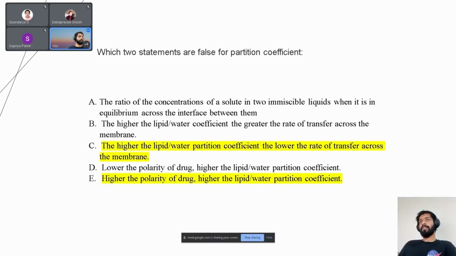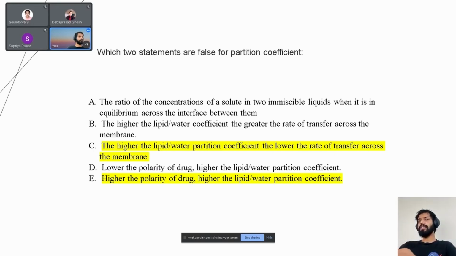So the statement, the higher the lipid water partition coefficient, the lower the rate of transfer across the membrane, is false. If you have the higher lipid water partition coefficient, the higher is the transfer across the membrane, right? Cell membrane. It is easily able to permeate through the cell membrane.